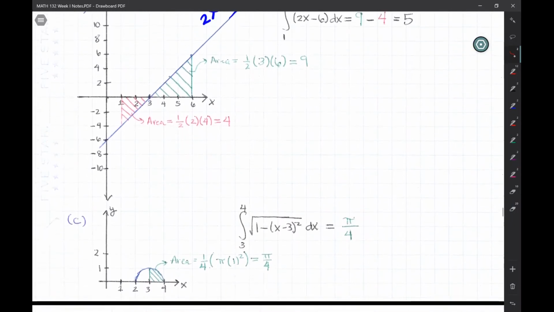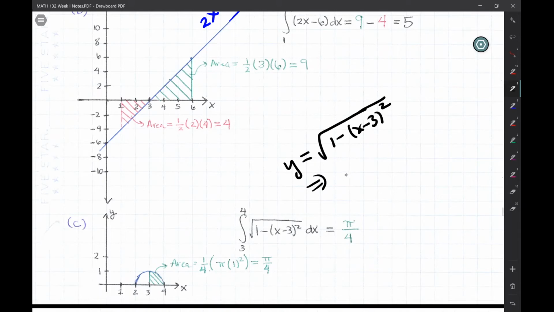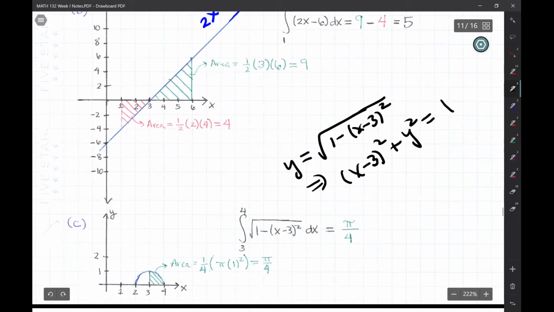Well, what about this guy? Here we have this function here, and you could see that it looks circular. Okay, so if we wanted to look at this as a curve, y is equal to the square root of 1 minus (x minus 3) squared. Well, then we could shuffle these things around here and get (x minus 3) squared plus y squared equals 1.